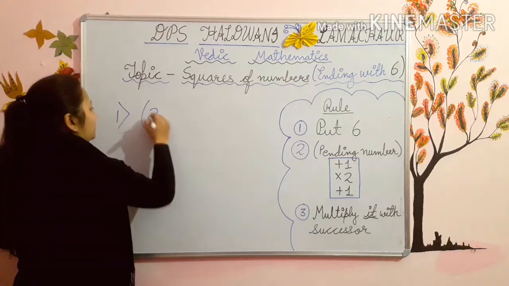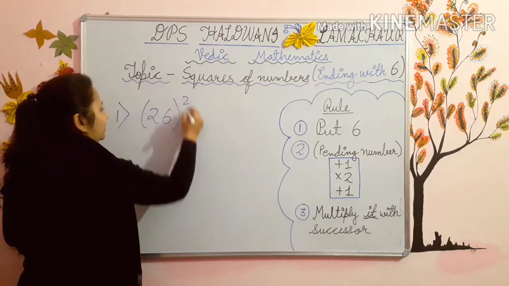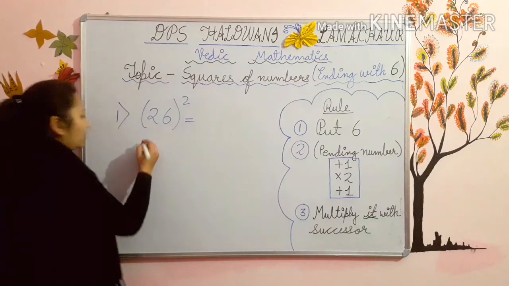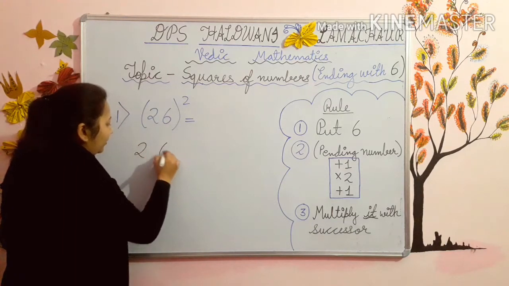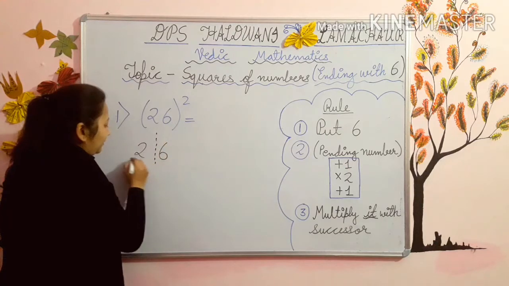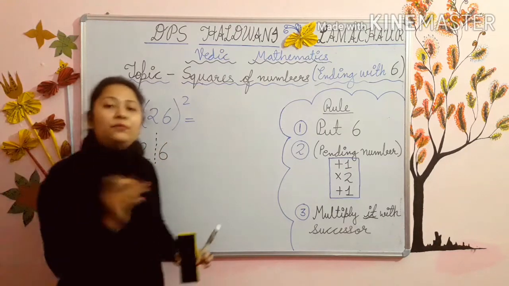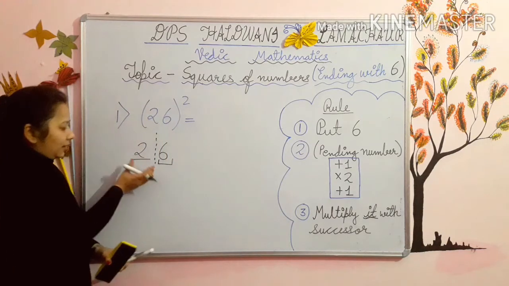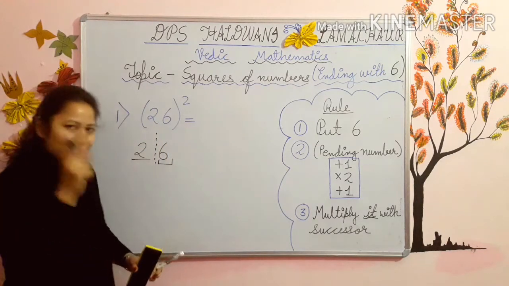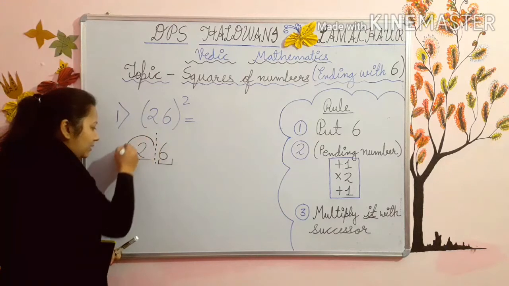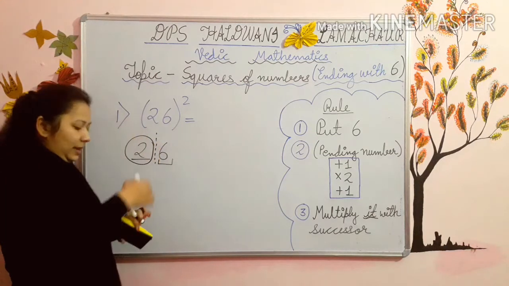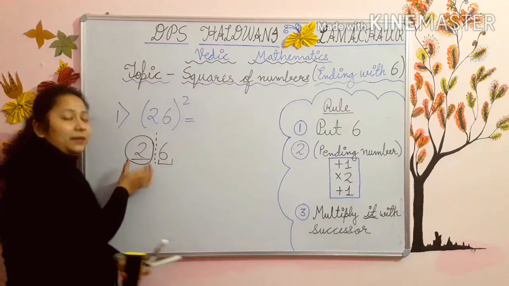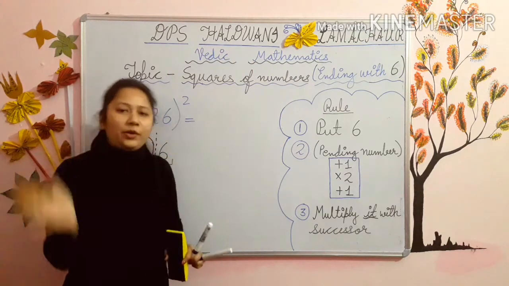Our first sum is the square of 26. Now students, what you have to do? First of all, divide your number in 2 parts. 2 parts means you have to remove 6. I have removed the 6 and my pending number is 2. As in my last videos also I have told you, with this pending number you will do all your calculations.